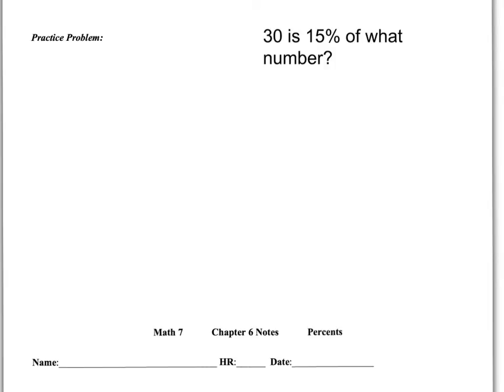This one is worded just like the second one in example 1. So we're going to set it up pretty much just like that, where we know the percent. So we're going to put it over 100 without the percent symbol. And then 30 represents our part, and we're solving for our whole.